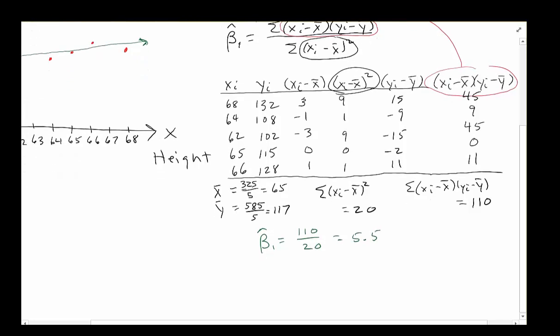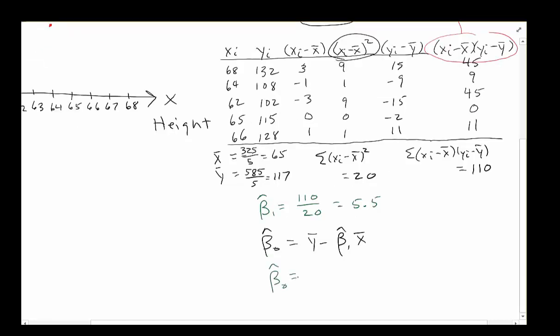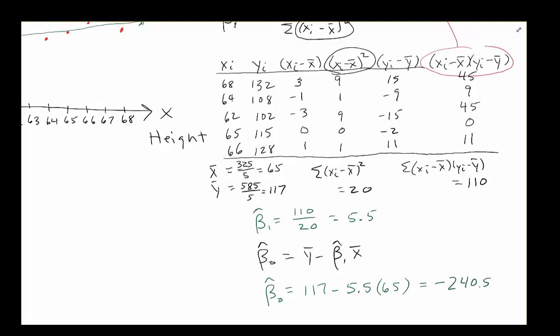And then using my formula for the beta sub 0 hat, y bar minus beta sub 1 hat times x bar. So beta sub 0 hat would be equal to 117 minus 5.5 times 65. And that calculates out to minus 240.5.